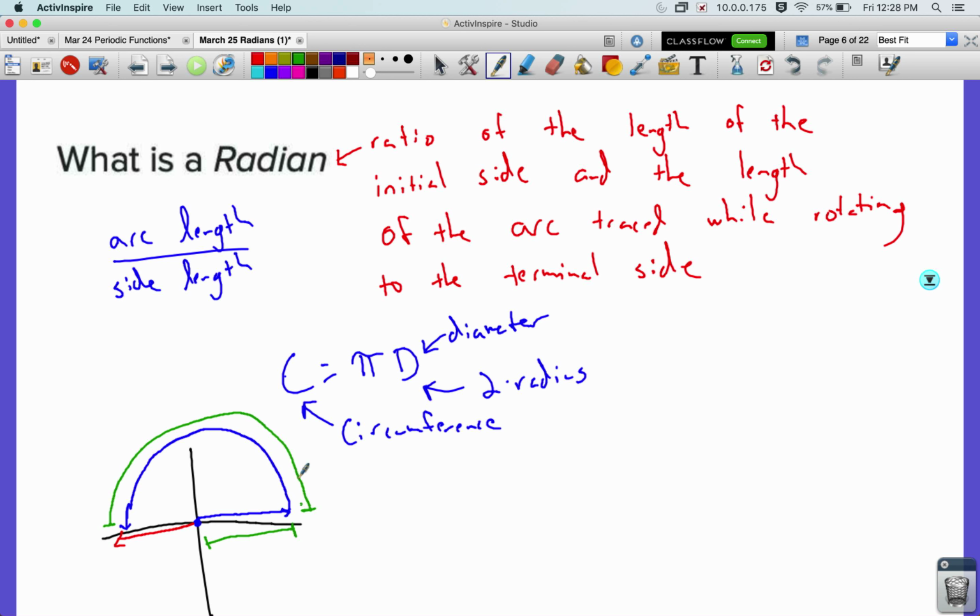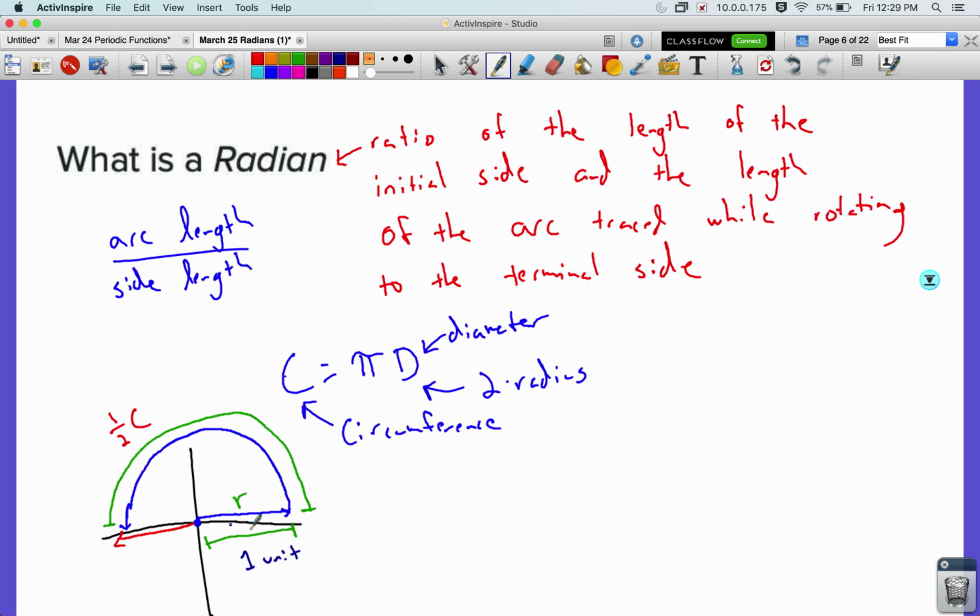Well, this length that we started here, if we realize that this just traced half a circle, this would be the radius of that circle. And the arc length we just drew out is half a circumference, so it's 1/2 the circumference. This gets a lot easier if you just say, okay, I want the radius to just be 1 unit.